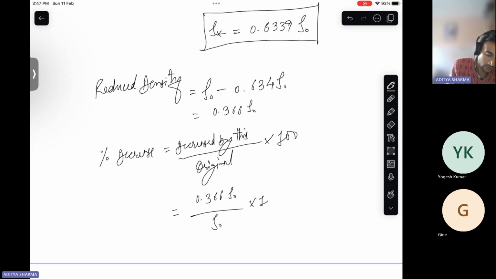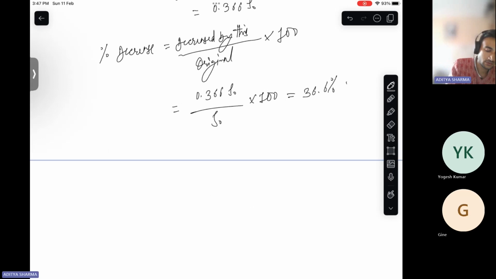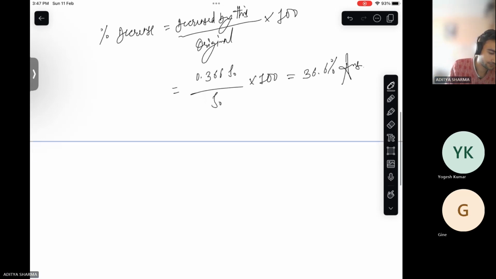That is, divided by rho naught, into 100, which comes out to be 36.6%. So this is our answer. I hope this is clear.